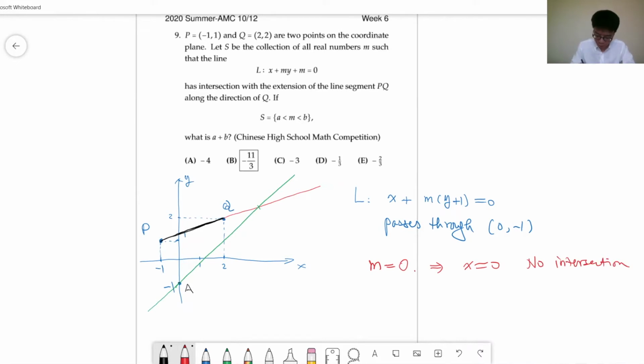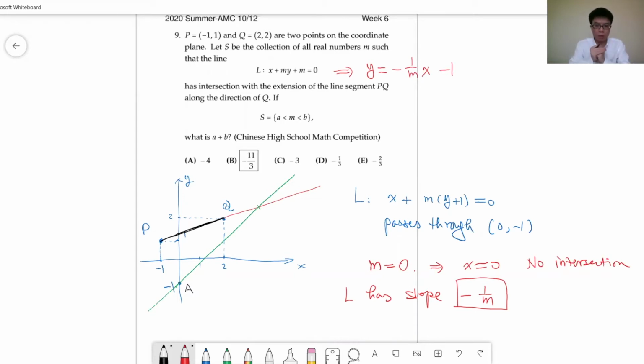And then we can find the line has slope minus 1 over M, because the line can be rewritten as y equals minus 1 over M x minus 1. That's why we need to discuss whether M is 0 or not.